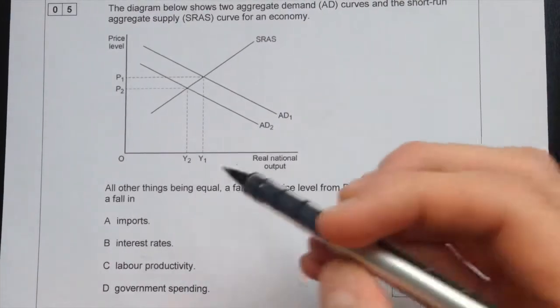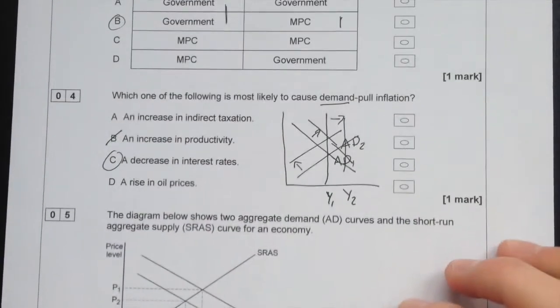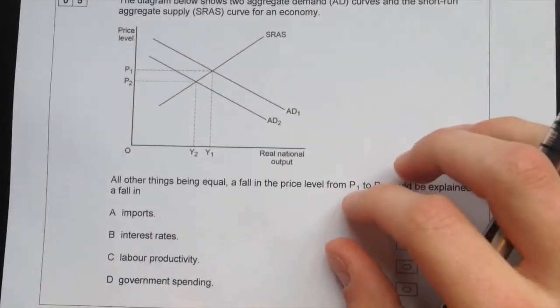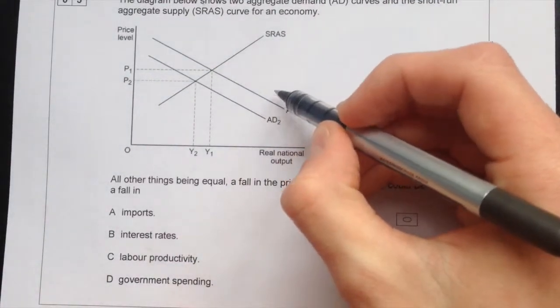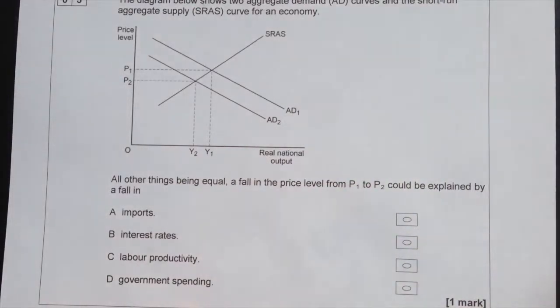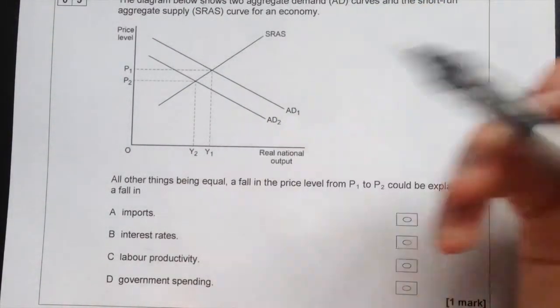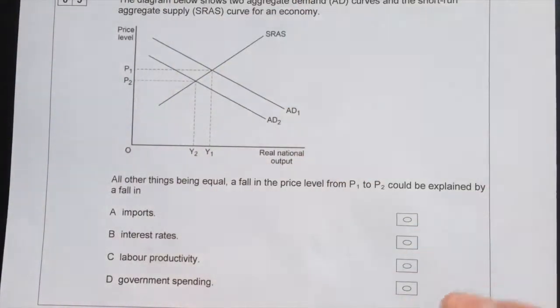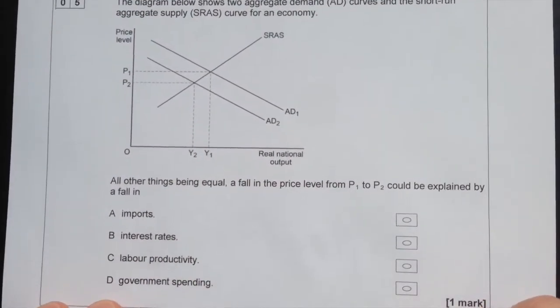A fall in interest rate, as we've shown in the previous question, will result in AD shifting the other way. So that would actually be AD going this direction rather than what it is actually doing and going this direction. So the only option it can be is D, which is a fall in government expenditure.